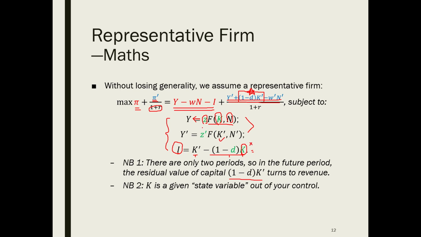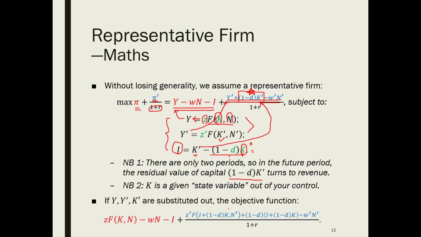Again, like in the consumer's optimization problem, we can substitute out three endogenous variables Y, Y prime, and K prime using the three constraints. It ends up with a long, scary objective function without constraint. The red is actually the profit in the current period, and the blue is the profit in the future period.